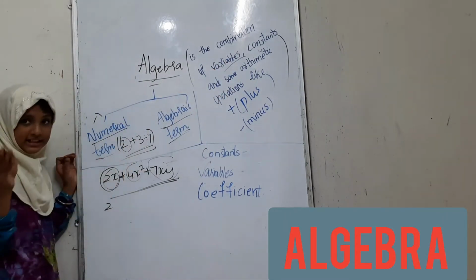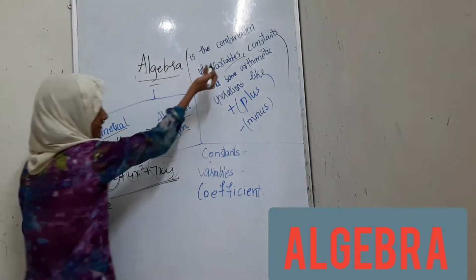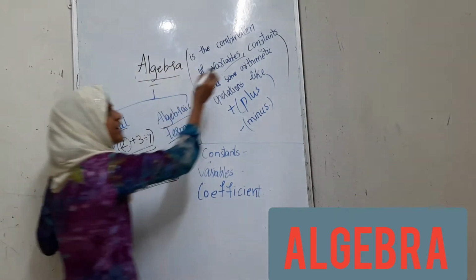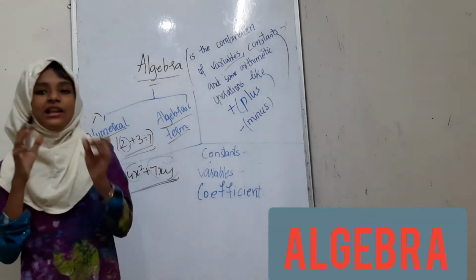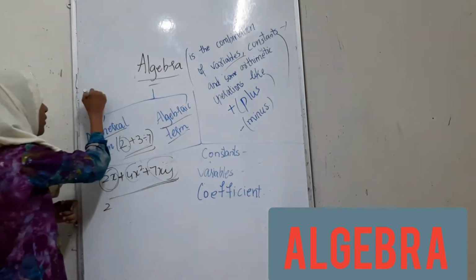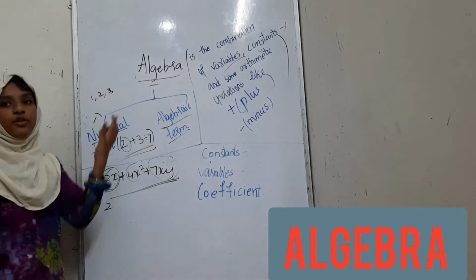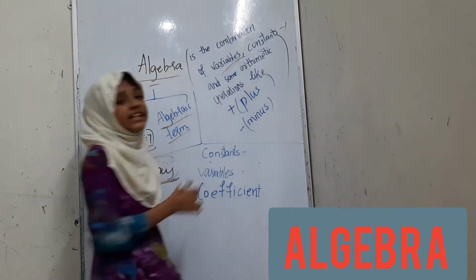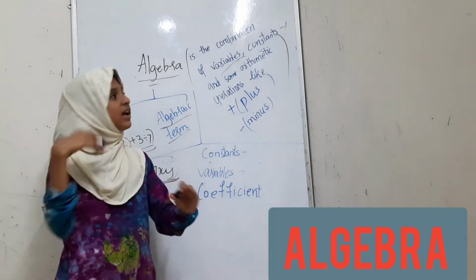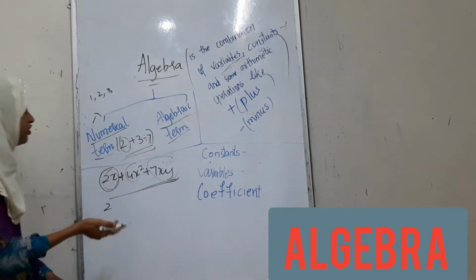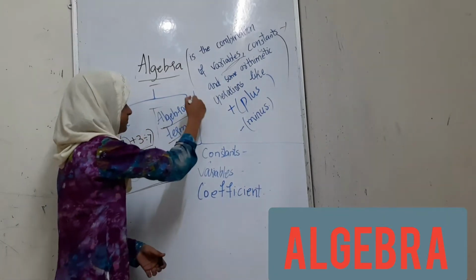So we've known what is a term, what is a constant and what is a variable. Constants have fixed values, like 1, 2, 3, 4 and so on. Variables have values that are never constant and are always changing. So what is an algebraic term?